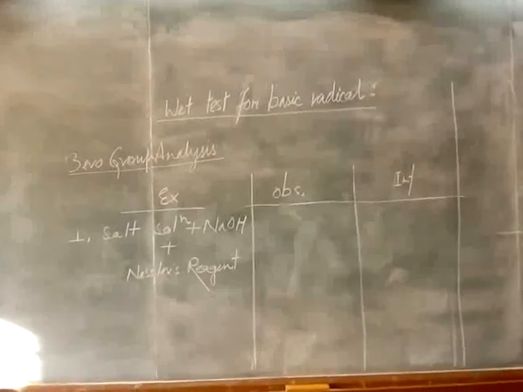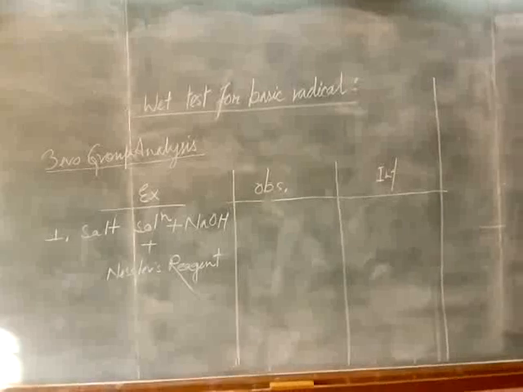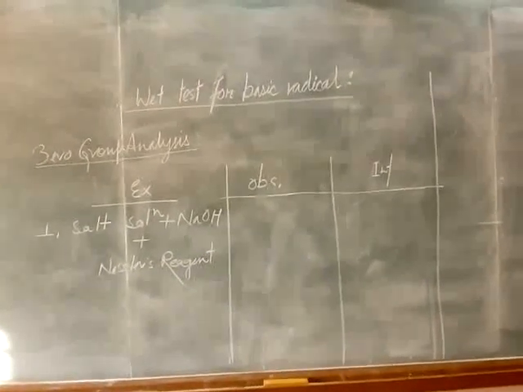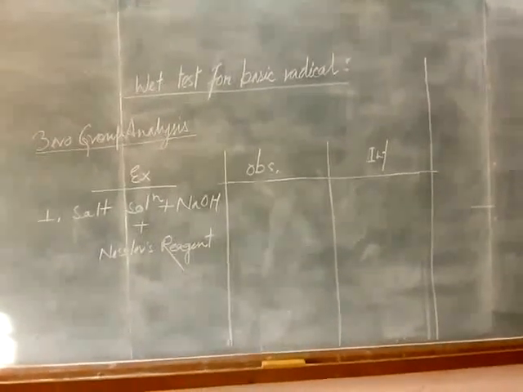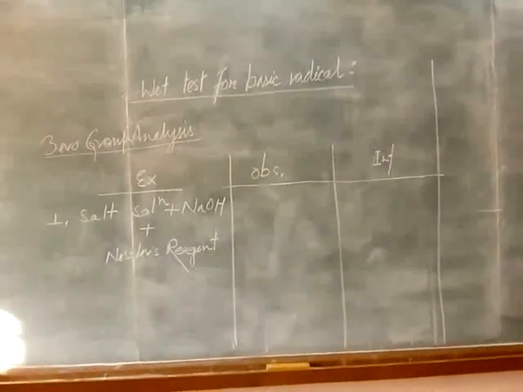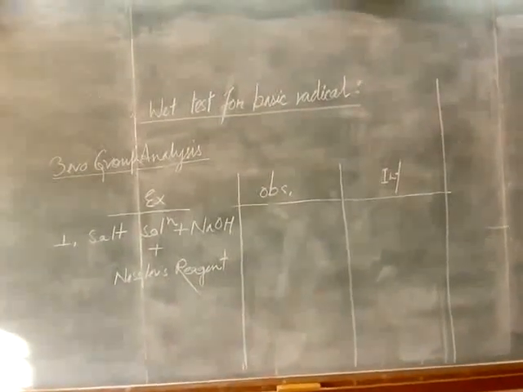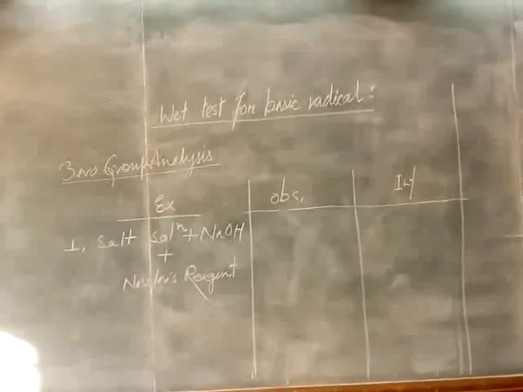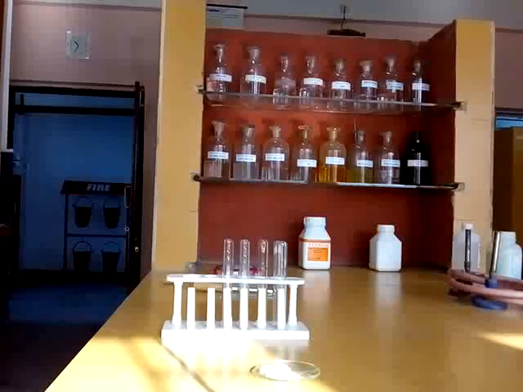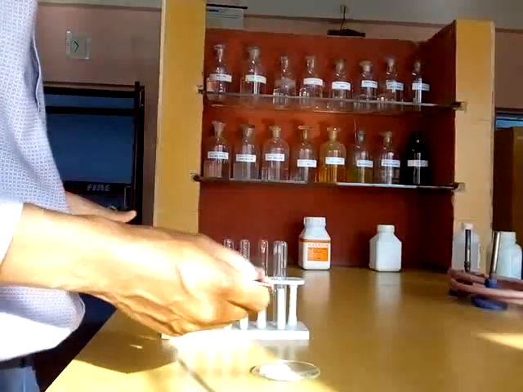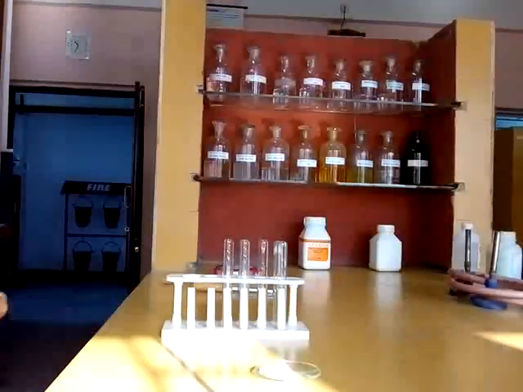Ammonium radical is present in group 0, lead in group 1, copper in group 2, aluminium and iron in group 3, nickel, cobalt, manganese, zinc in group 4, barium, calcium, strontium in group 5, and magnesium in group 6. For group 0, the group reagent is sodium hydroxide and Nessler's reagent.